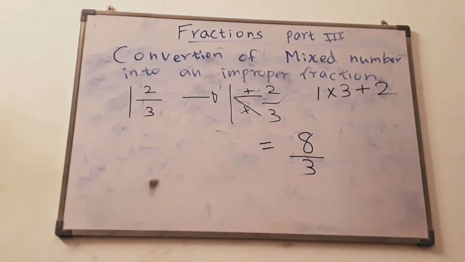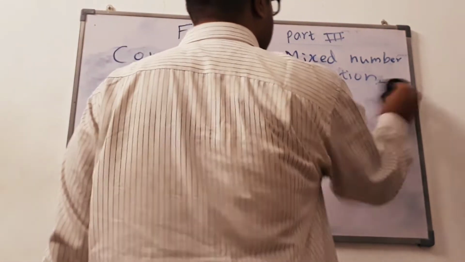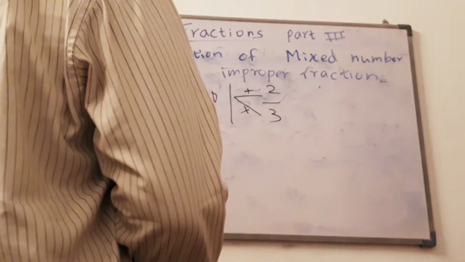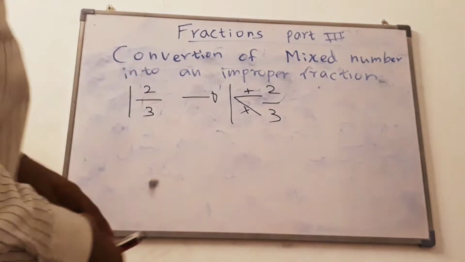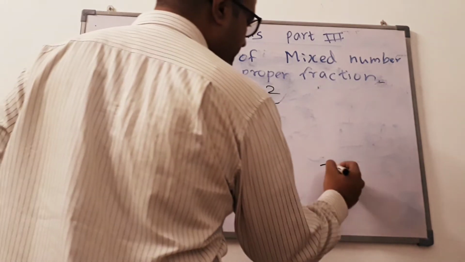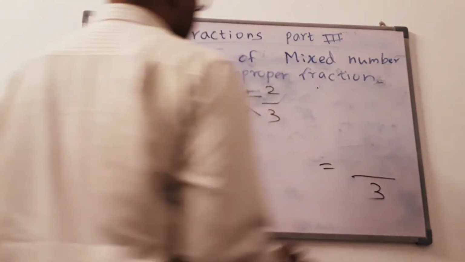Okay. What we are doing here is making an improper fraction by converting the mixed number. So here the denominator won't change, but the numerator changes. How?